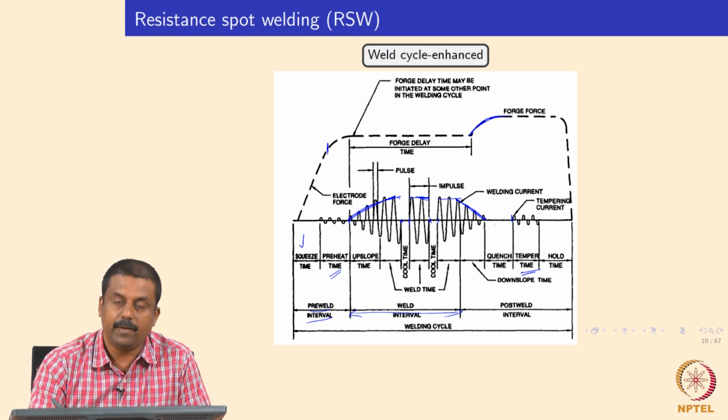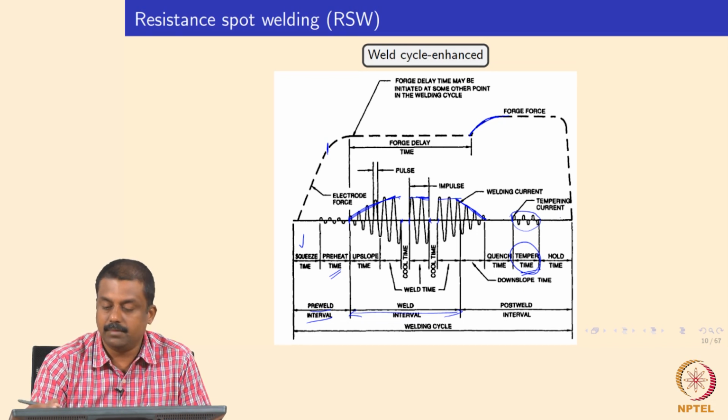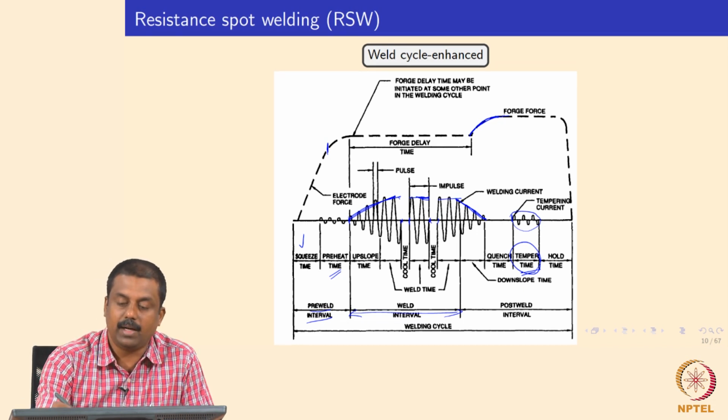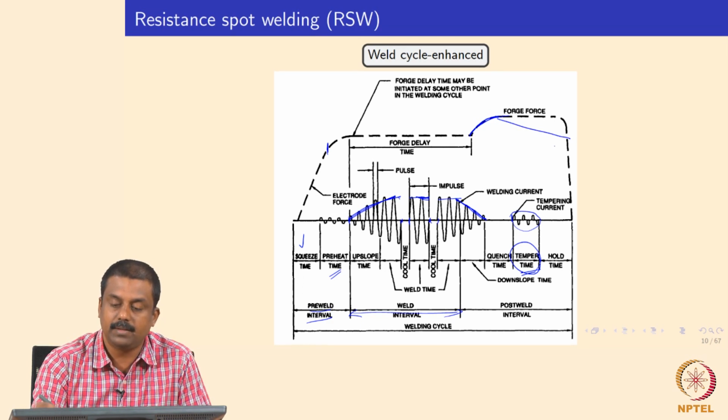For example, if you have a fully martensitic microstructure, we can also use a temper time, in which we pass some amount of amperage to have tempering of the martensitic structure that is formed upon welding. And then yes, you can also have a ramping downward, or we can also ramp up during this process if you want to change the stress state of your weld.